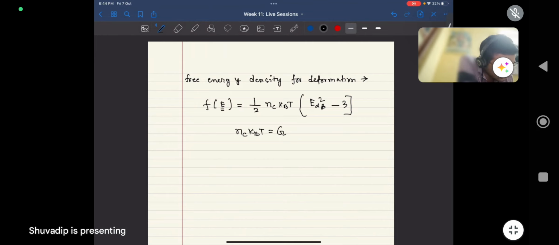So F of E can be written as half G, E alpha beta square minus 3.